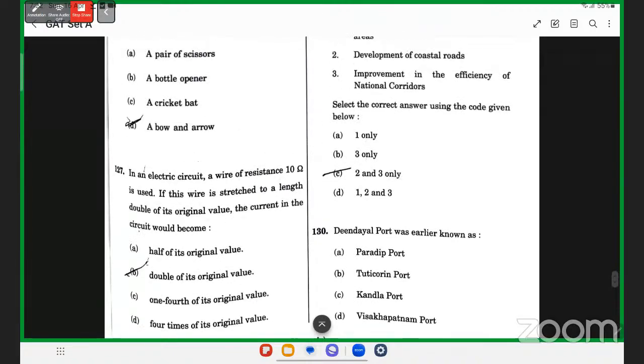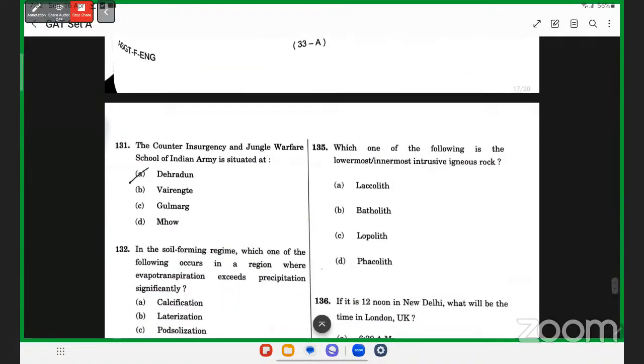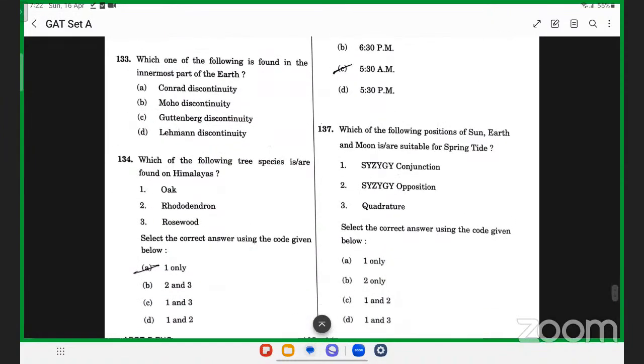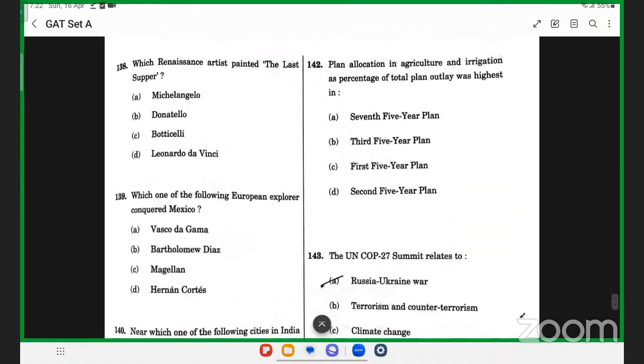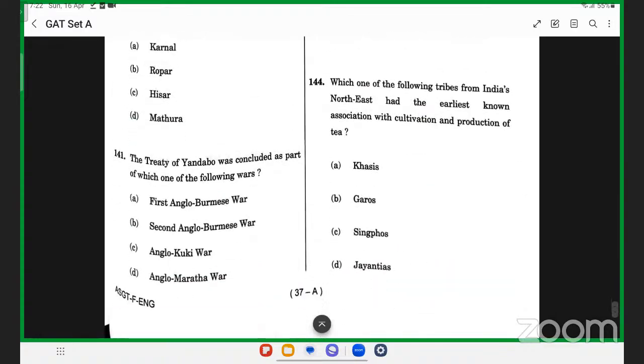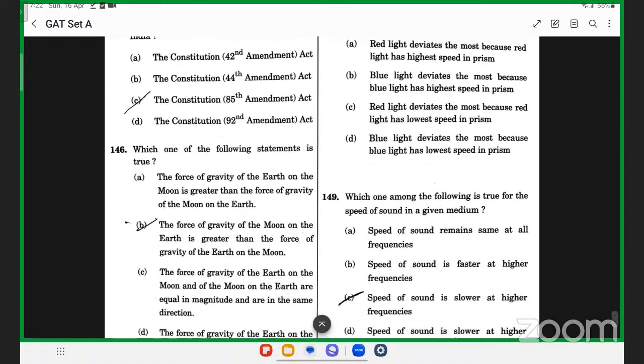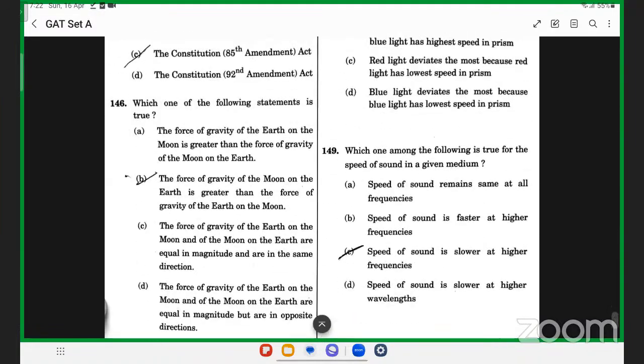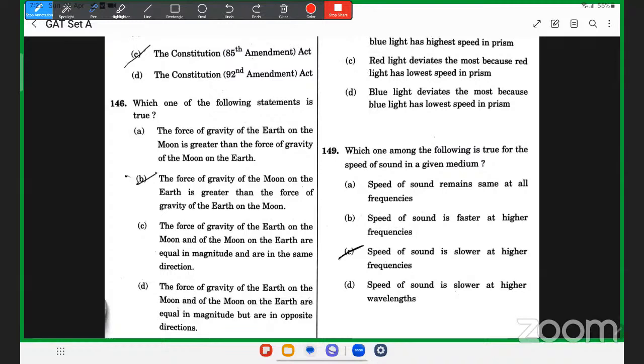Then we have 46. The force of gravity of Earth on Moon is greater than force of gravity of Moon on the Earth.